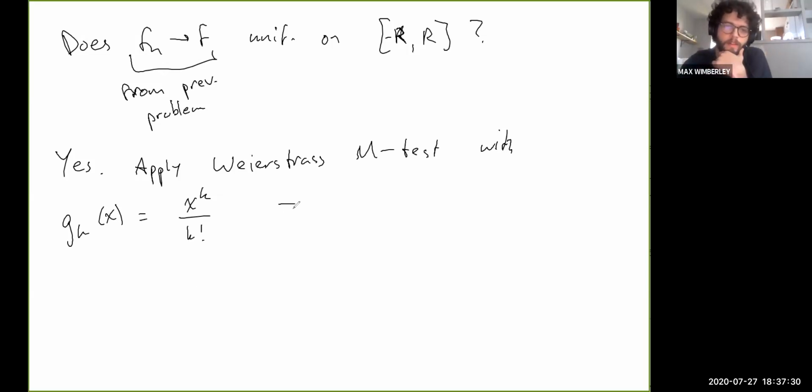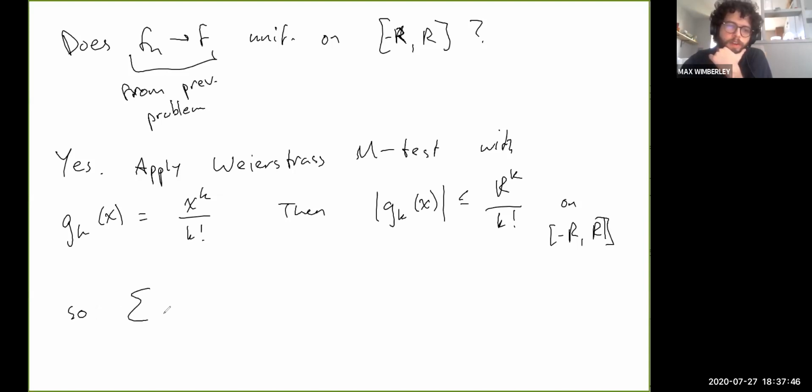Then gk of x is less than or equal to r to the k over k factorial on [-r, r]. So if you set this to be Mk, the sum is just e to the r, which converges. So this sum converges.